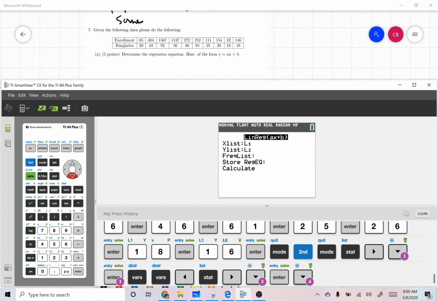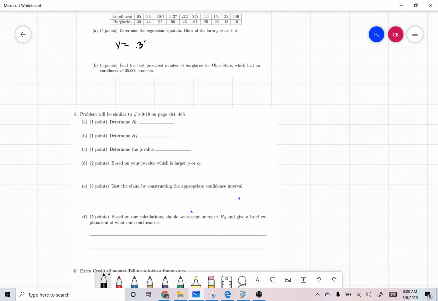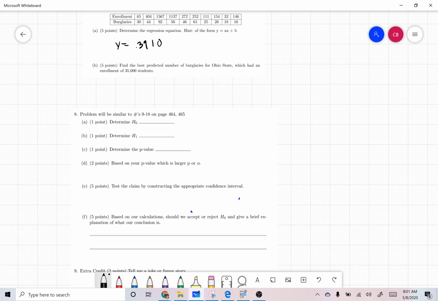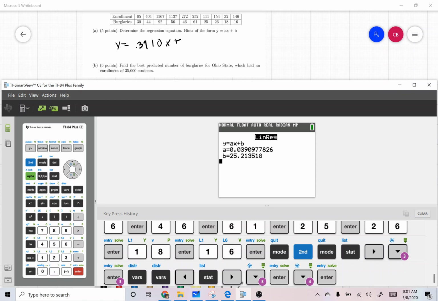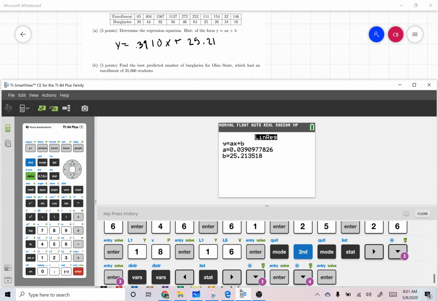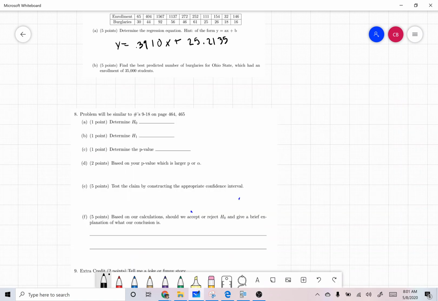We calculate it, we get 0.3910 x plus b, which is 25.2135. So there's the equation.